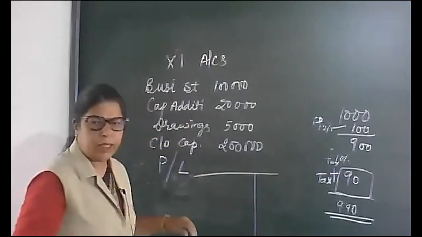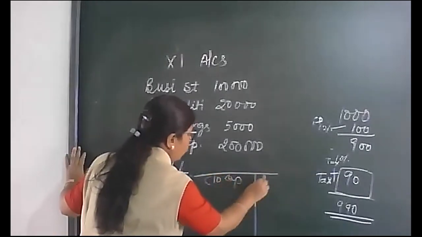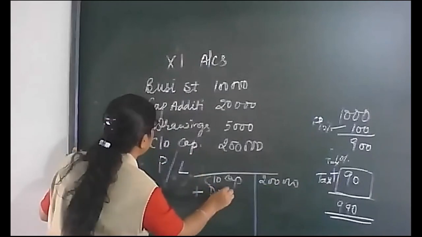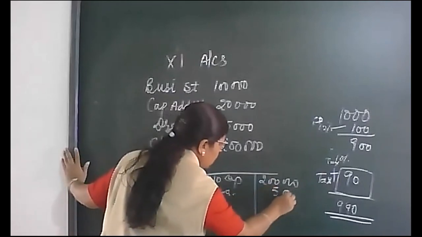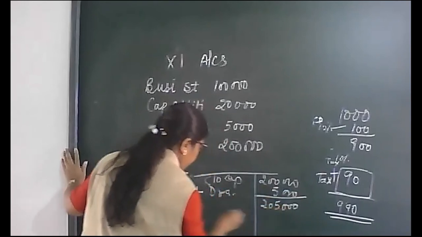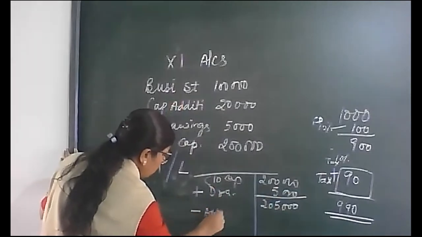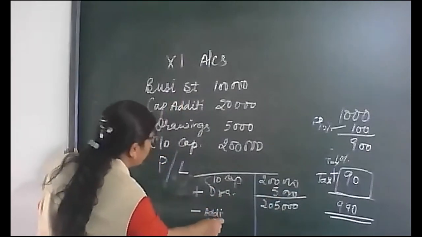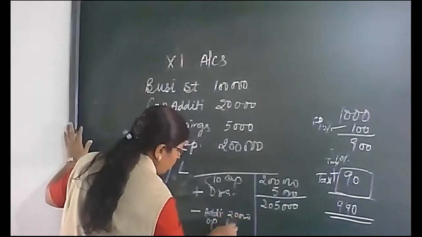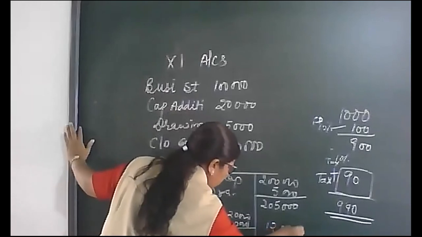If you know the table, this way: closing capital 2 lakh plus drawings 5,000, that is 2 lakh 5,000, minus additional capital 20,000 minus opening capital 1 lakh, that is 1 lakh 20,000.